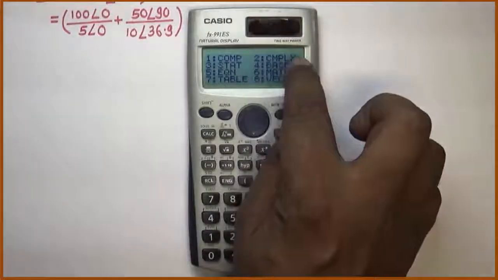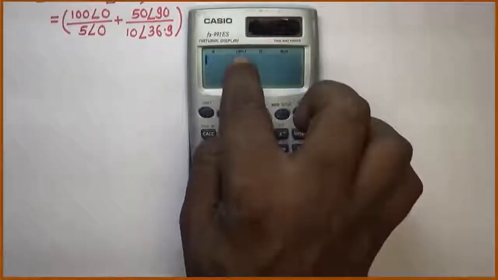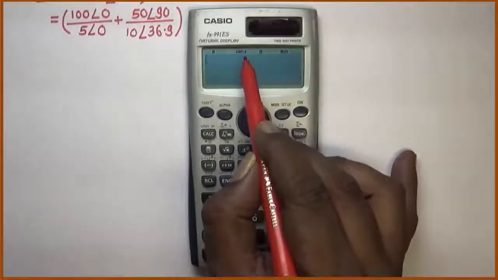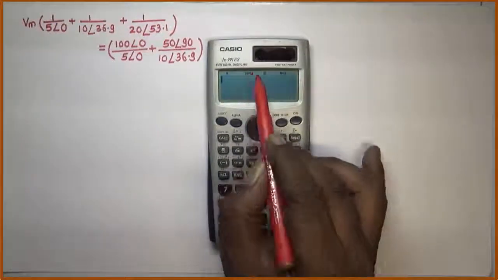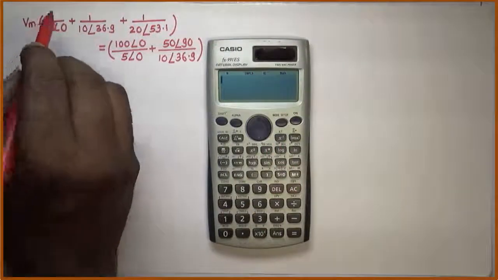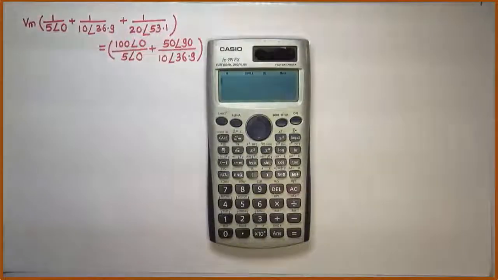We find that the second number is complex. So if I press 2, you will get here Complex. The word Complex indicates that the calculator is operated in complex mode. Also here we find that angles are not mentioned whether in radians or in degrees, but by default these angles are in degrees. So don't forget to use the calculator in degree mode.